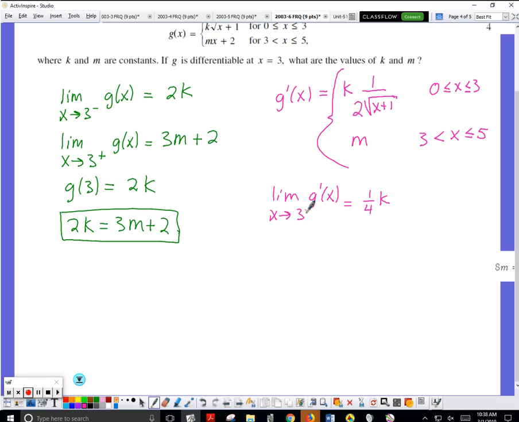The other limit, as x approaches 3 from the right of G prime, that's just m. G prime of 3 has to equal this again, so that would be 1/4 k. So now these two have to equal each other. So 1/4 k must equal m.